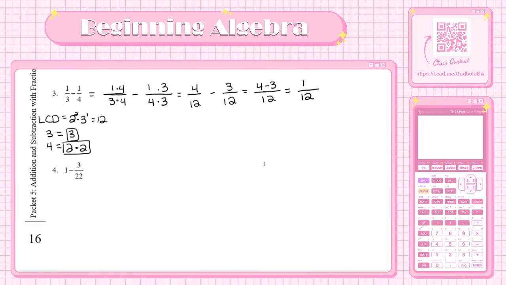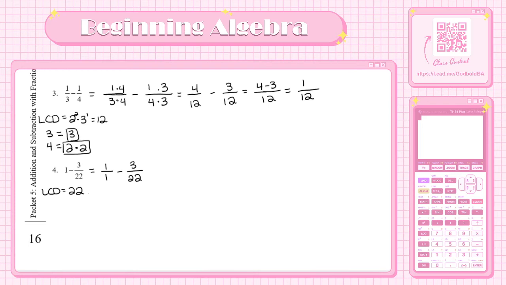Okay. Now this one is the same thing as 1 over 1 minus 3 over 22. Whenever you have one where the denominator is just like a 1, or it's like a whole number, then just use the least common denominator as the denominator of the fraction.